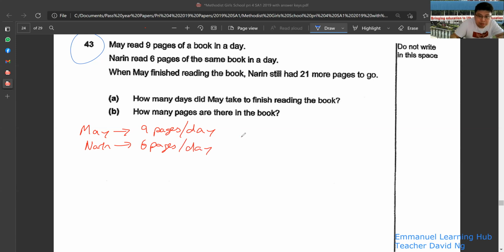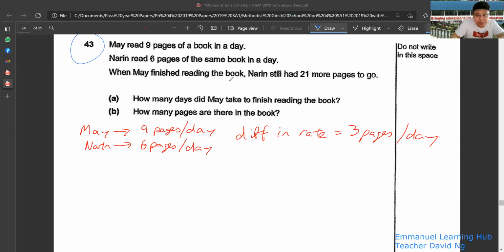So the difference in rate is 3 pages per day. You understand? How do I get 3? 9 minus 6. You know why I minus? Because I need to know the difference.